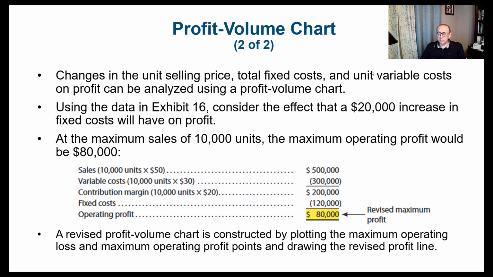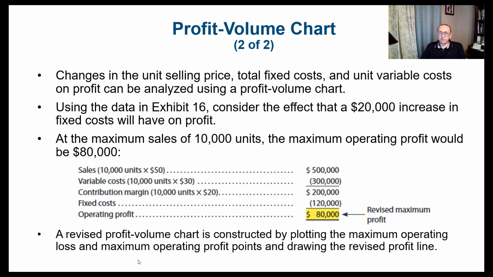So since we increase it by 20,000, we expect that our maximum operating profit will go down to 80. So we did the calculation here. The sales is 500,000, the variable cost 300, contribution margin 200,000. We increased the fixed cost from 100 to 120, so that made the operating profit 80,000. That's the revised maximum profit.